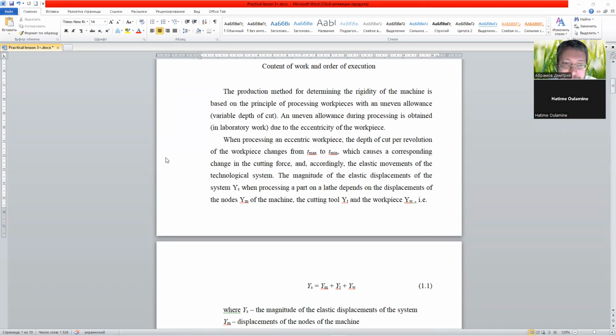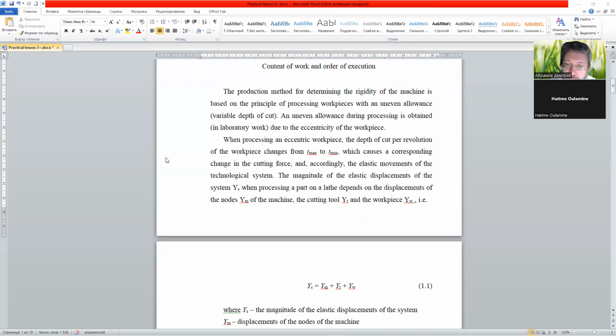When processing an eccentric workpiece, the depth of cut per revolution of the workpiece changes from t maximum to t minimum, which causes a corresponding change in the cutting force and accordingly the elastic displacements of the technological system.